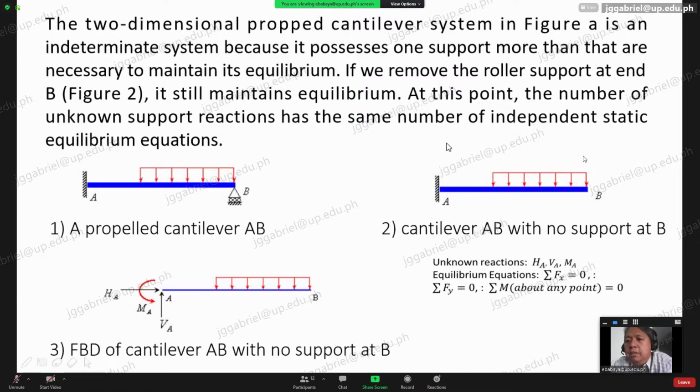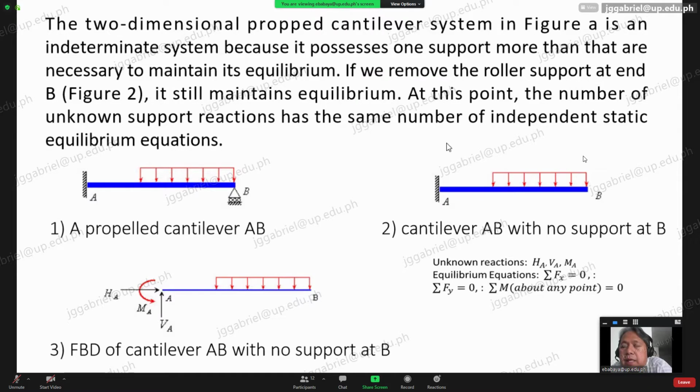Why? Why do we equate all of those to zero? Because we have a stationary structure. Hindi yan gumagalaw. It's not dynamic. Na-encounter nyo yung mga equations of static equilibrium in statics of rigid bodies.